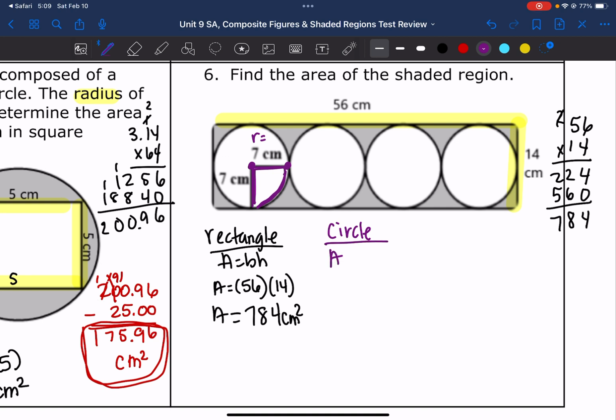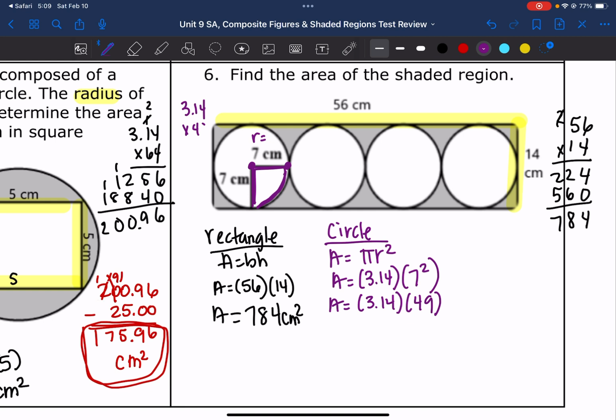So area is equal to pi r squared. We're going to use 3.14 for pi today. And then radius, we're going to use 7 squared, okay? I know that 7 squared means 7 times 7. And I know that 7 times 7 is going to be 49, okay? Now, all I have to do is 3.14 times 49.